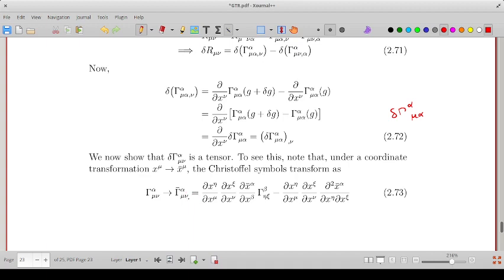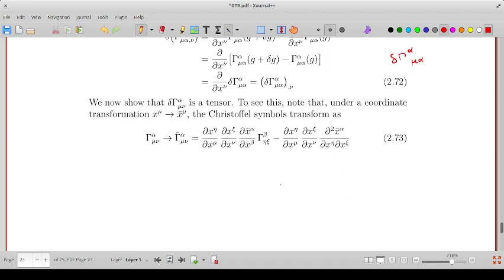So gamma bar alpha mu nu equal to dx eta by dx mu, dx xi by dx nu, dx bar alpha by dx beta gamma beta eta xi minus dx eta by dx mu, dx xi by dx nu times d square x bar alpha by dx eta dx xi. Now, the variation of the Christoffel symbol is given by delta gamma bar alpha mu nu equal to delta of whatever is on the right hand side.